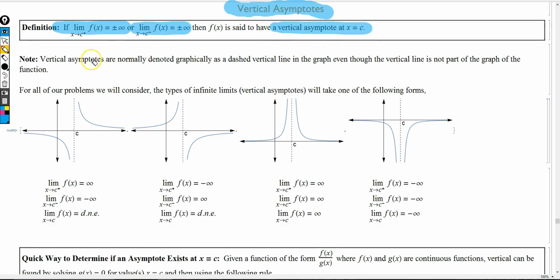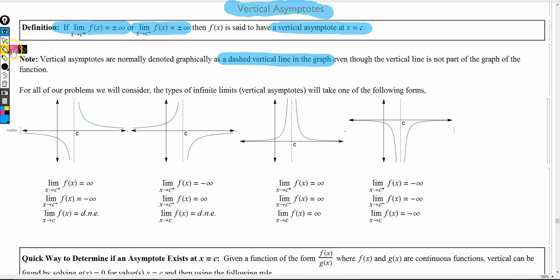Note that vertical asymptotes are normally denoted as a dashed line in the graph of a function, even though that dashed line is not part of the graph of the function. It's just used as a guideline to indicate where the vertical asymptote is occurring. For all of our problems, our vertical asymptotes are going to take one of the following forms.